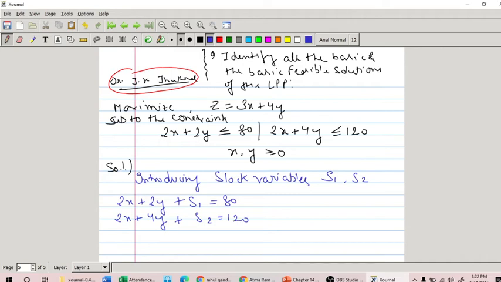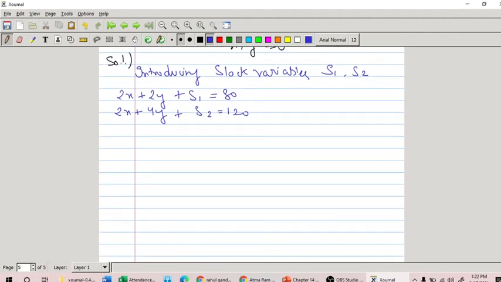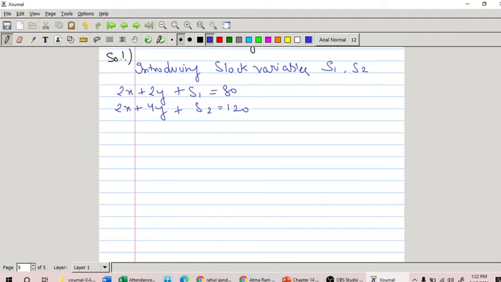नाउ नेक्स्ट स्टेप, हमने इस इनइक्वालिटी को इक्वालिटी में कन्वर्ट तो कर दिया. नाउ इन दिस इक्वेशन m इज इक्वल टू कितने m है और n कितने हैं ये आप लोग बताएंगे. फॉर मी m is your linear equations. How many equations we have? We have 2 equations and we have 4 variables.